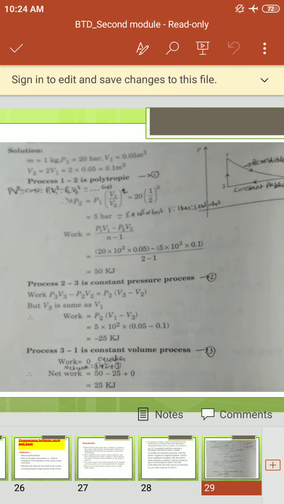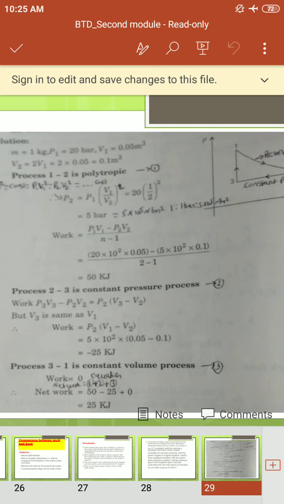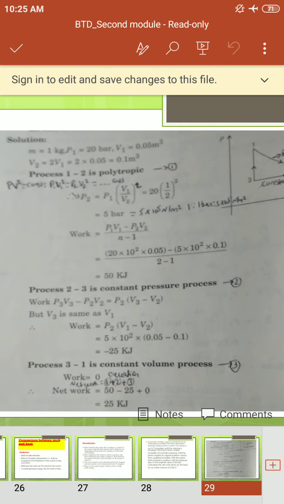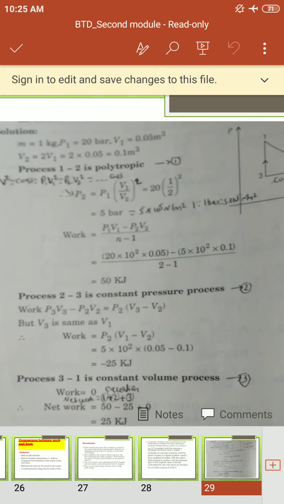Finally, P1 is 20 into 10 raised to 2. Why 20 into 10 raised to 2? See here, pressure is 20 bar, and 1 bar equals 10 raised to 5 Newton per meter square. Okay. And to put it in kilo, remove 10 raised to 3: 10 raised to 5 splits into 10 raised to 2 into 10 raised to 3. Keep the 10 raised to 3 as kilo, remaining 10 raised to 2.